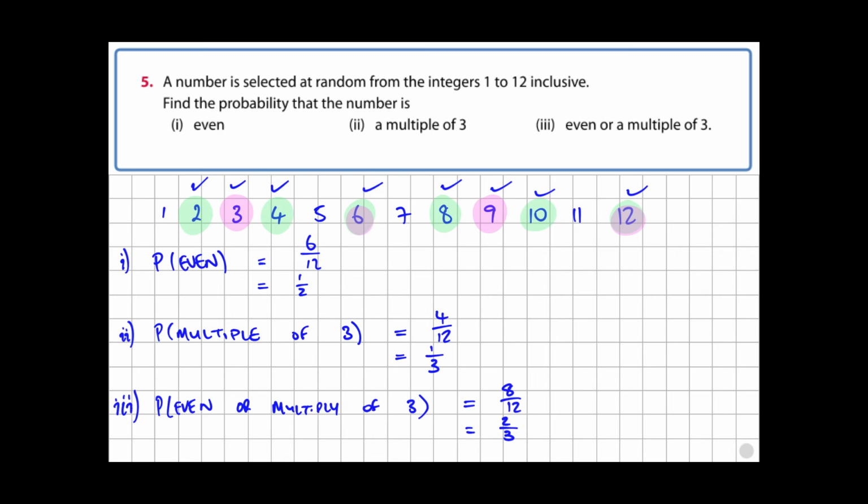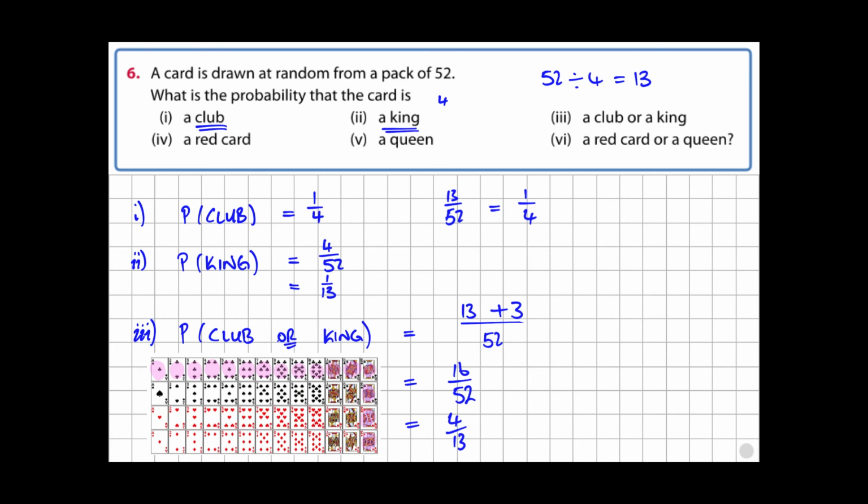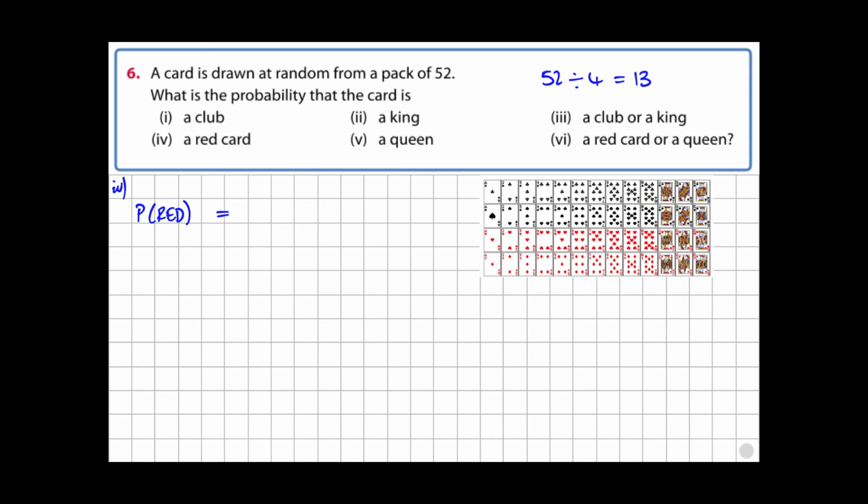And you can just go through the solutions there. So you can see there how you work them out. The key thing to note here is for a club or a king, we've got these 13 cards and we've got these 3 cards. So it'll be 13 plus 3, which is 16 out of 52. Part 4, the probability of getting a red card is going to be all the red ones.